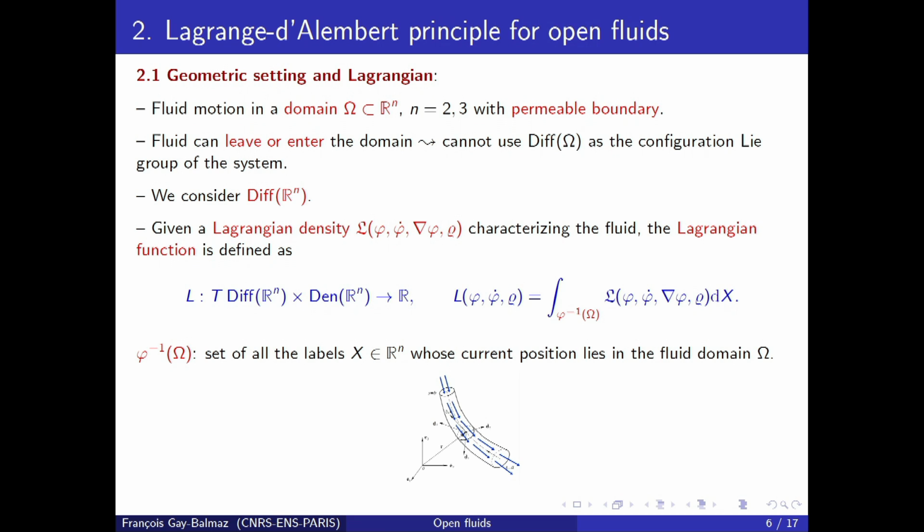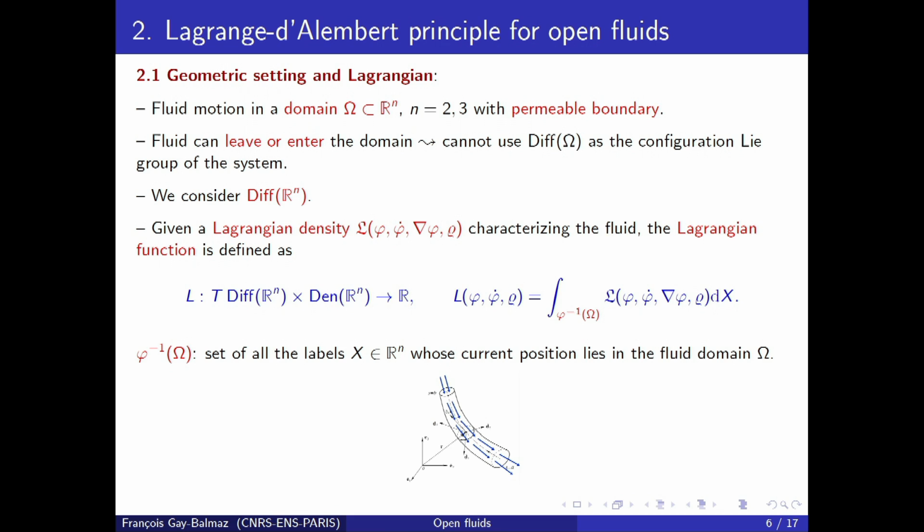It's too restrictive. So let's say we take the diffeomorphism of the whole space, even if this seems too big, because we don't need all these diffeomorphisms. Let's consider this. We will see it works, but for now it seems big. We still take the same Lagrangian density as earlier, right, that characterized the fluid.